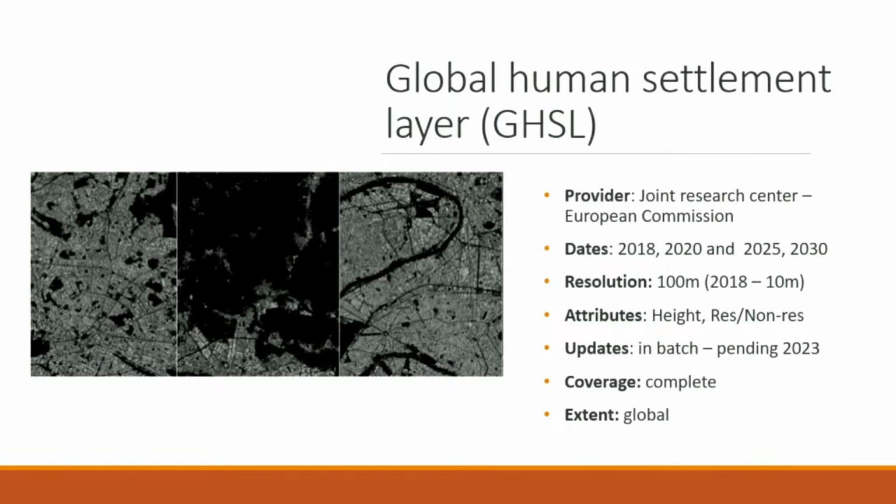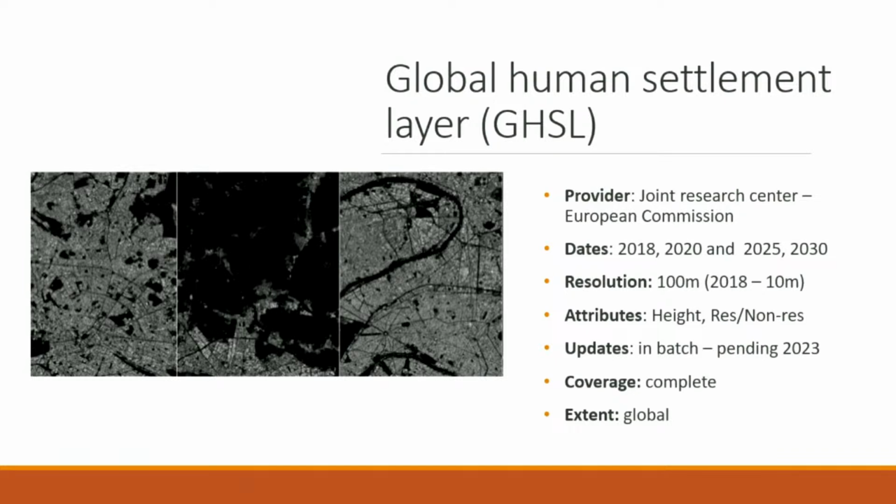When you look at a settlement map, the question that you want to ask is also the spatial resolution of it. They have two data products depending on the year.